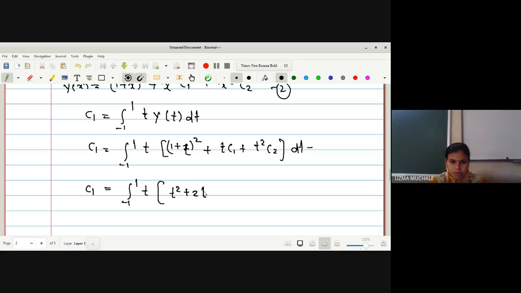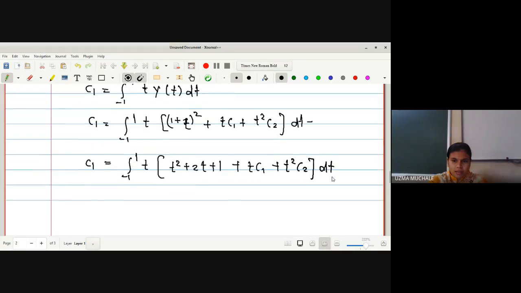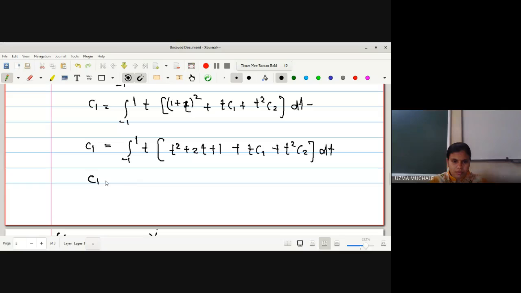t³ + 2t² + t + t² c1 + t³ c2. Now we can find out the integration. c1 is equal to the integration from −1 to 1.